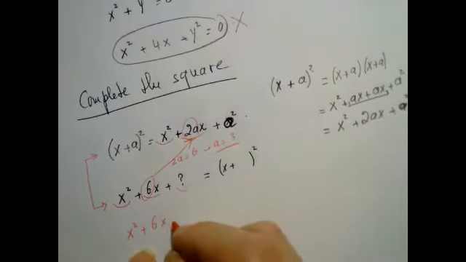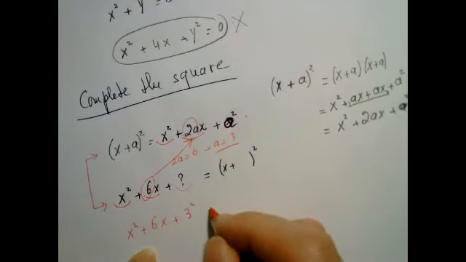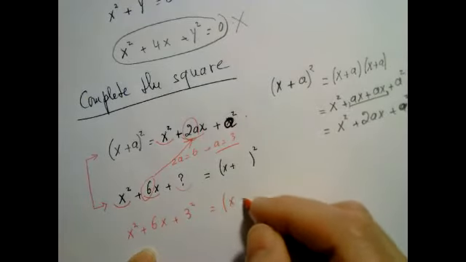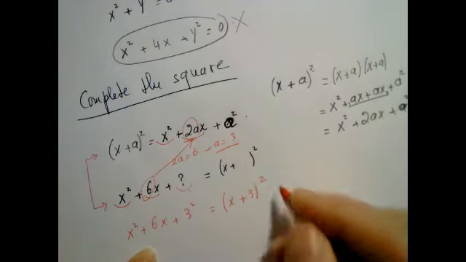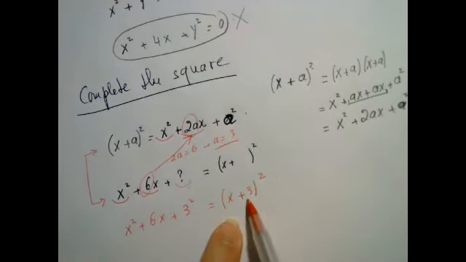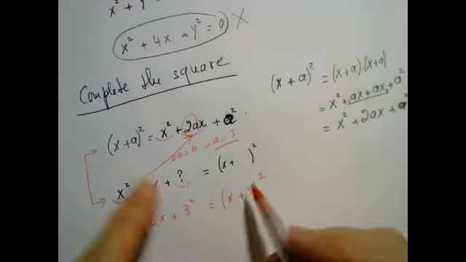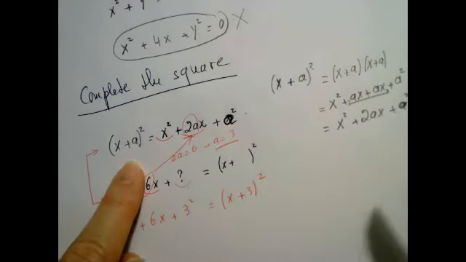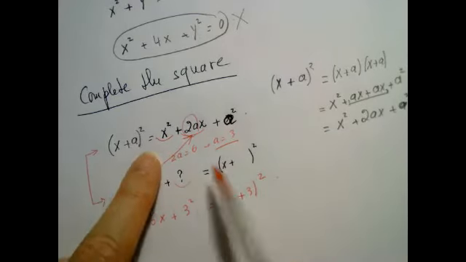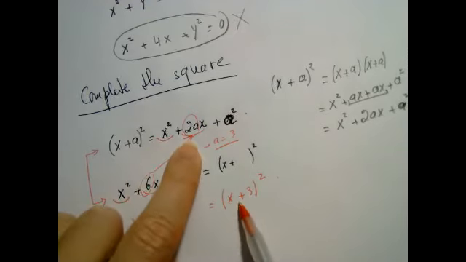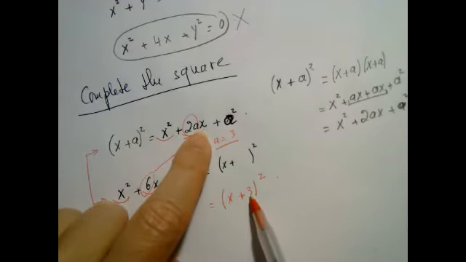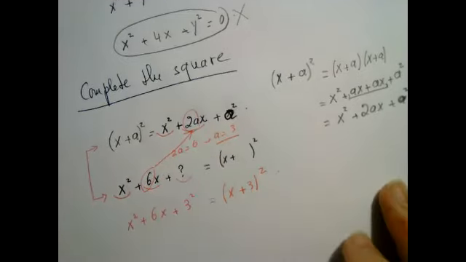If I add 3 squared, this is actually going to be (x plus 3) to the power 2. Take (x plus 3) to the power 2 and distribute. You're going to get x squared plus 2 times 3 x, which is 6x, plus 9.